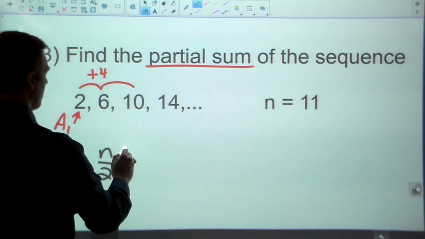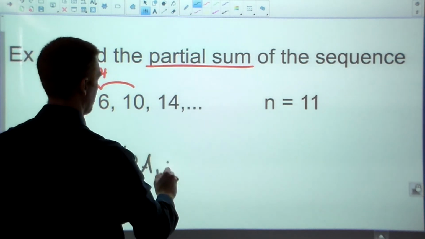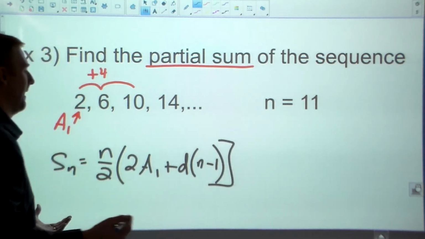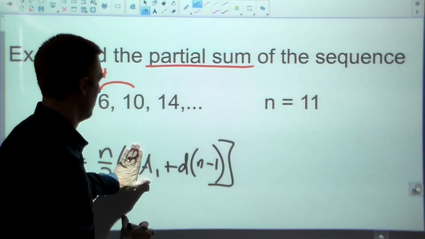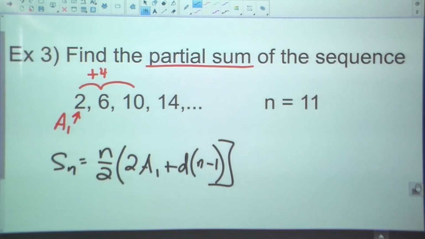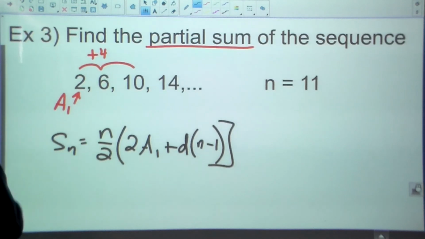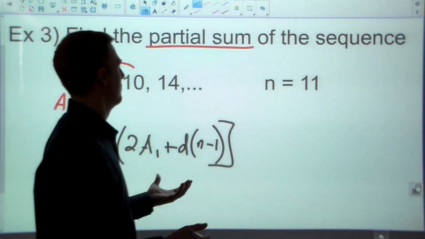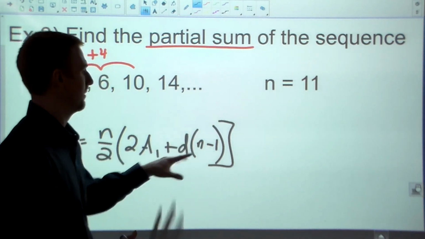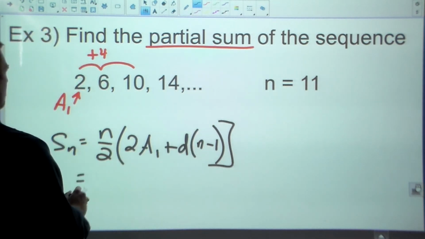And that was n over 2 times 2a1 plus d times n minus 1. All it's doing is combining the sequence formula with the series formula, put them together, and you get to come up with this other formula that's going to work. But the issue is if I did the first series formula, I don't have a sub n. I have to find that first, so that's why this is helpful. But this should be enough.